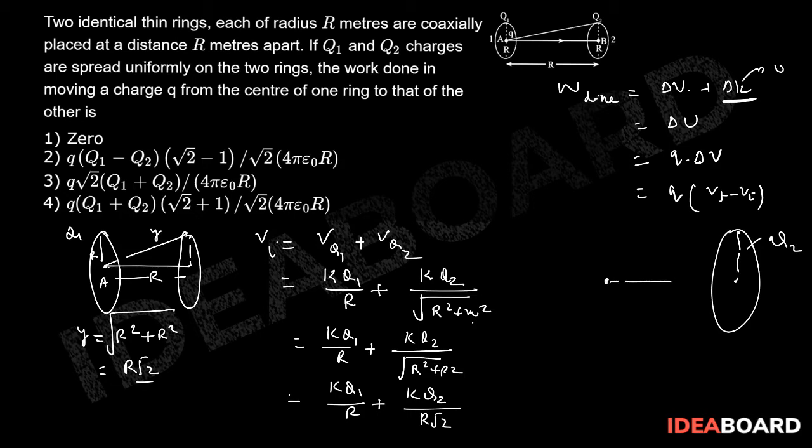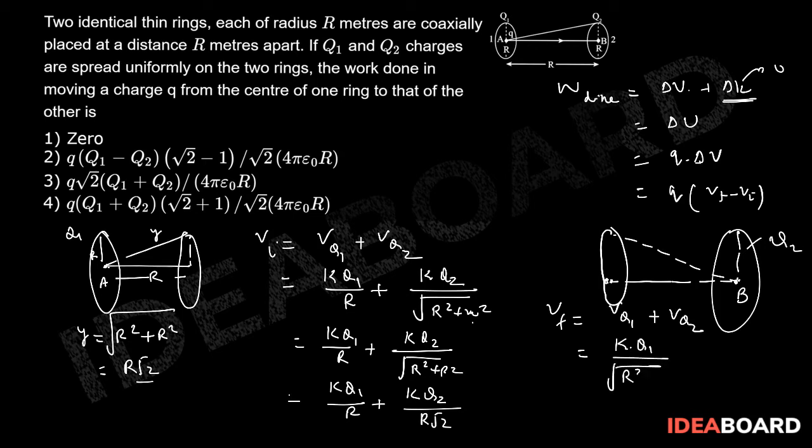Now the charge is at this point B. So V final will be V due to q1 plus V due to q2, but this time, because of this ring, q1 will give k q1 divided by under root of r square plus x square, so r square plus r square, and due to q2, k q2 divided by r. This is the final value. So finally we get k q1 upon r root 2 plus k q2 divided by r.